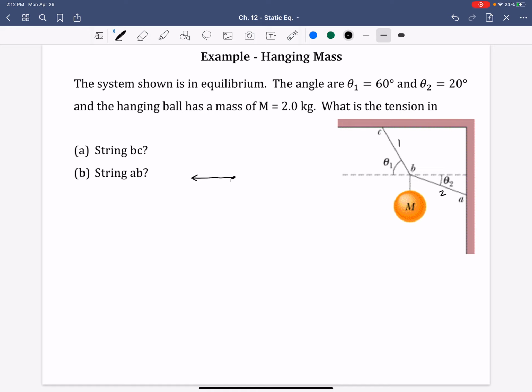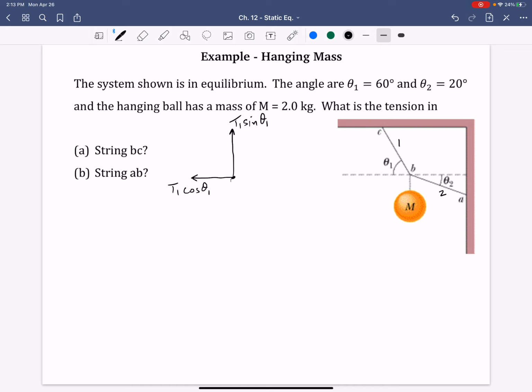This will be T1 cosine of theta 1. I haven't put any signs in this part. The y direction will be T1 sine of theta 1, again because it's the opposite component to the angle. I have just transposed it coming from the central point.